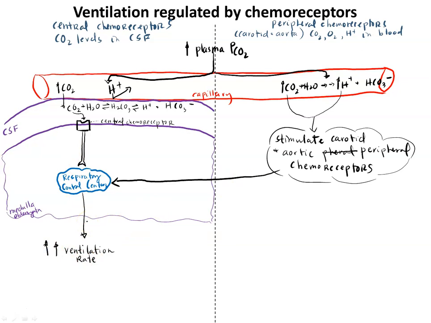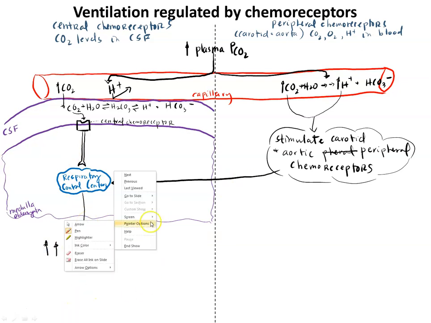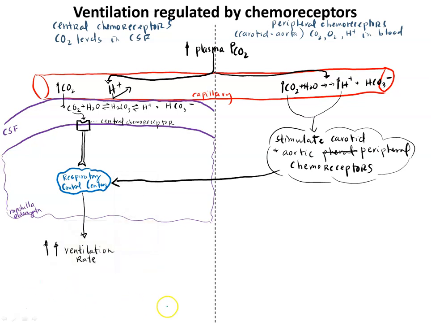Okay. So in response, what's going to happen? I'm going to draw it in green so we don't get lost. Little division of what's going on in here, right? So if I increase ventilation rate, I'm going to, one, increase in my bloodstream, that's what I mean by plasma, the partial pressure of oxygen.